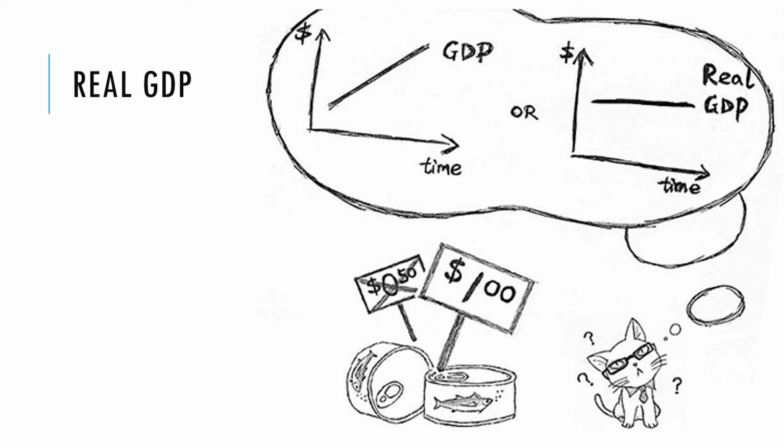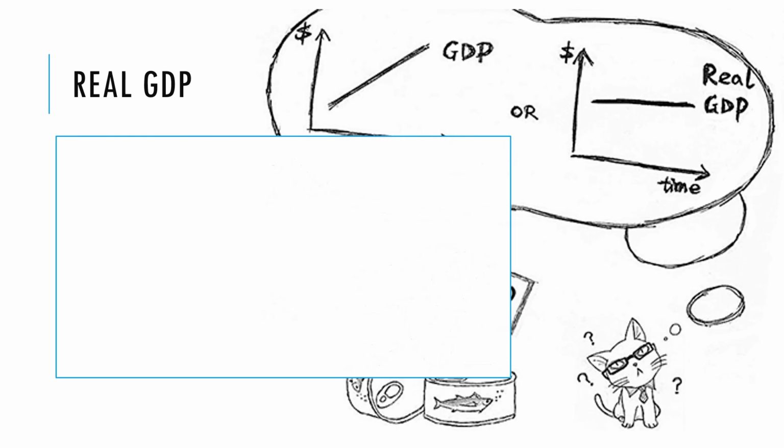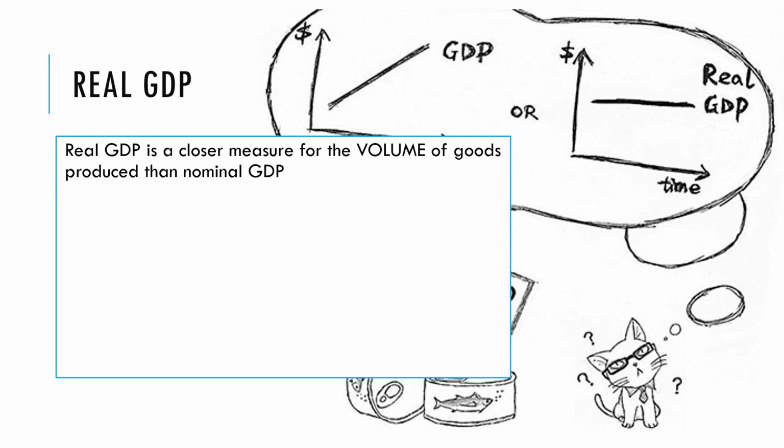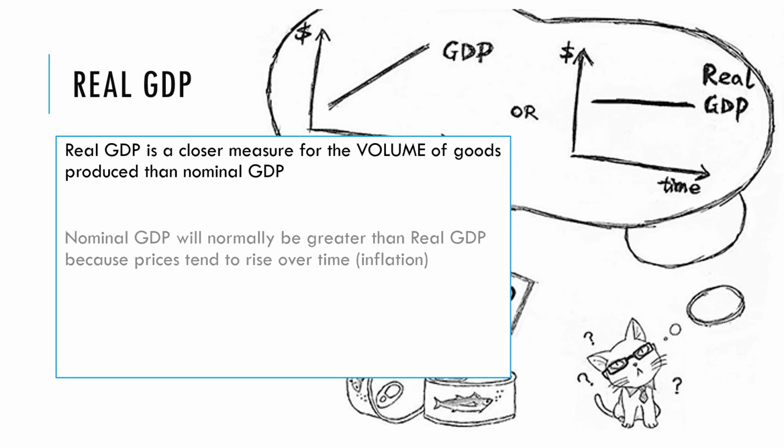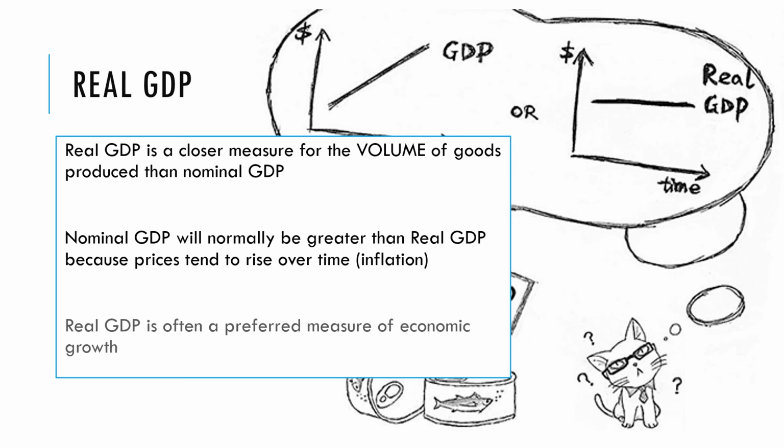So let's think about this real GDP and nominal GDP. Generally speaking, real GDP is a closer measure for the volume of goods produced than nominal GDP. Nominal GDP will normally be greater than real GDP because prices tend to rise over time, which we call inflation.